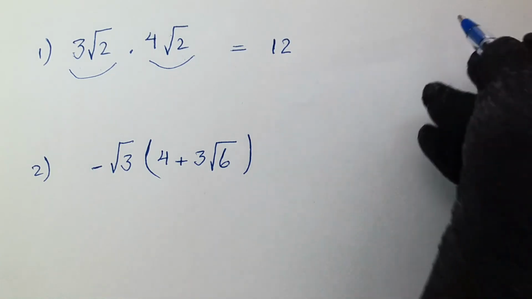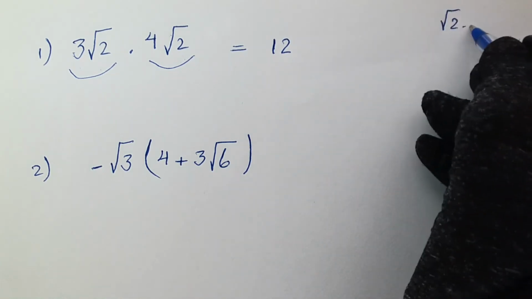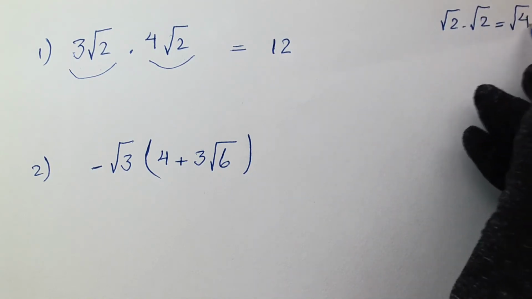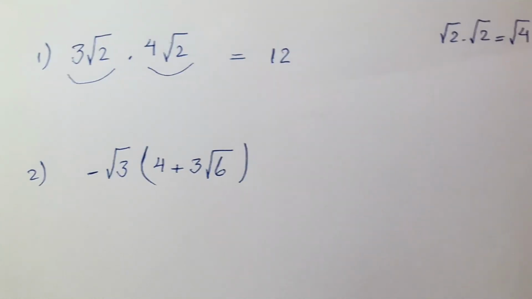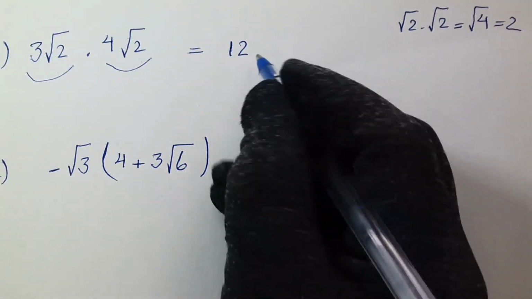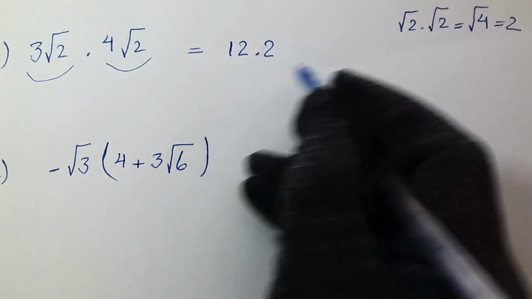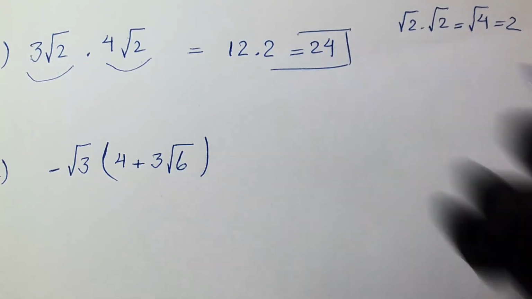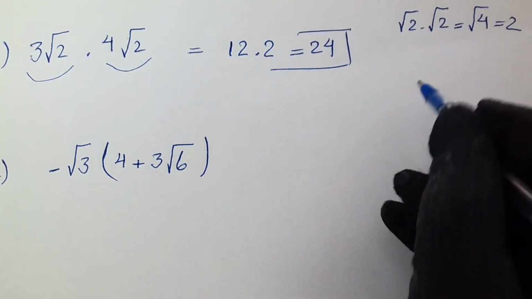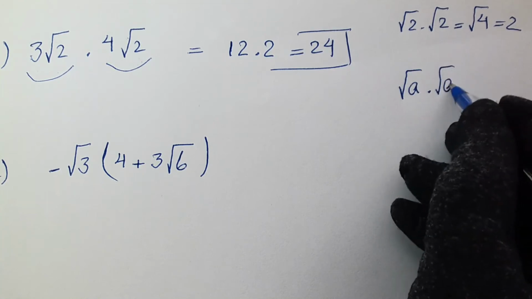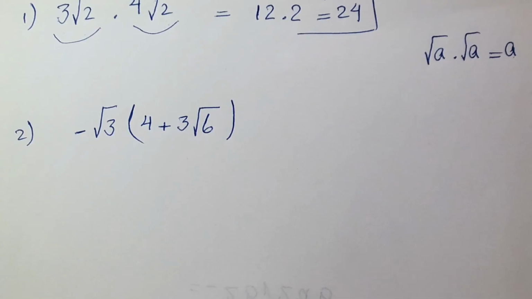Then square root of 2 times square root of 2 is square root of 4, which is 2. So you can write it as 12 times 2. The final answer is 24. So please remember that square root of a times square root of a is a.